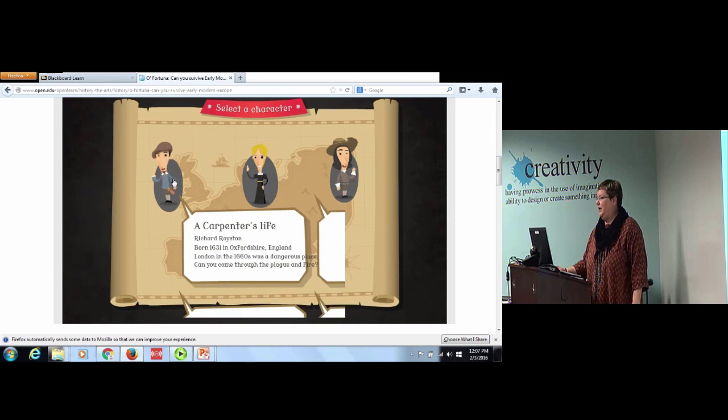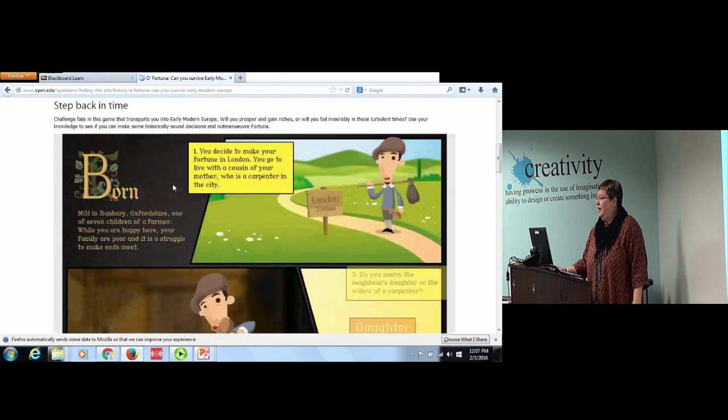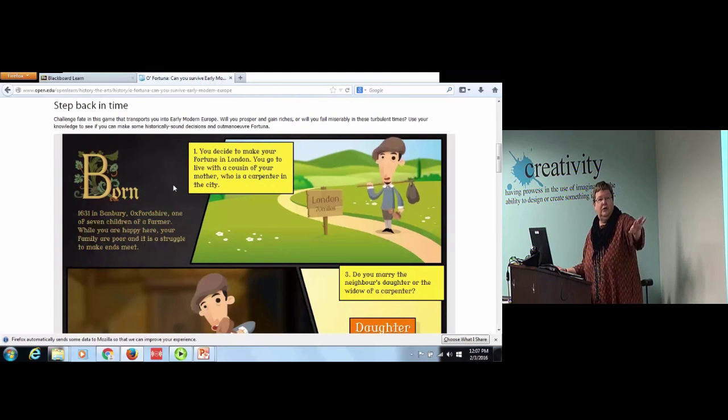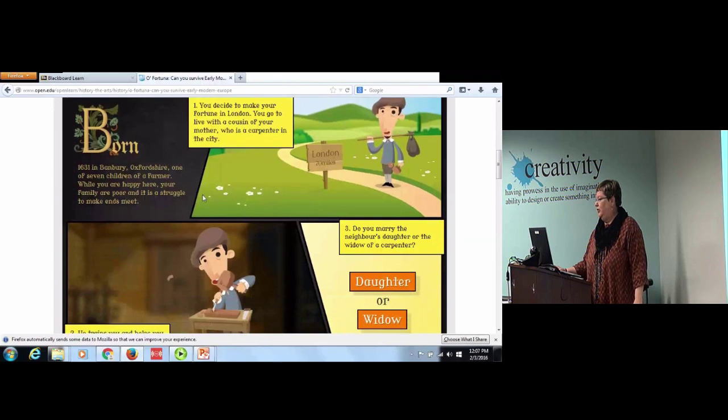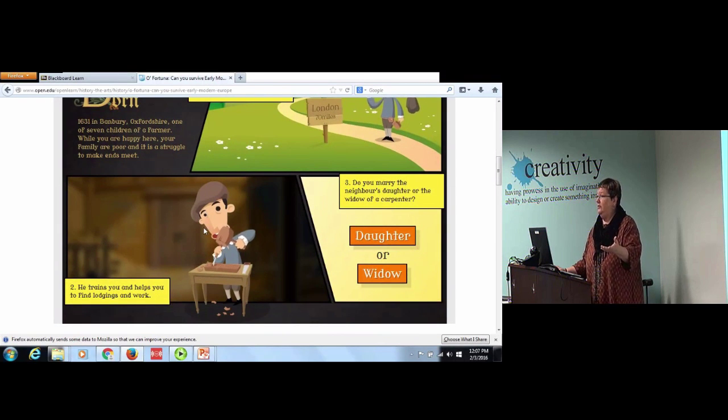They pick a character, and then you're given choices. So in this case, for this character, do you marry the neighbor's daughter or the widow of a carpenter? The students made their choices, and what I had them do is keep track of what their choices were, because they were going to need to use that in the second stage of this.